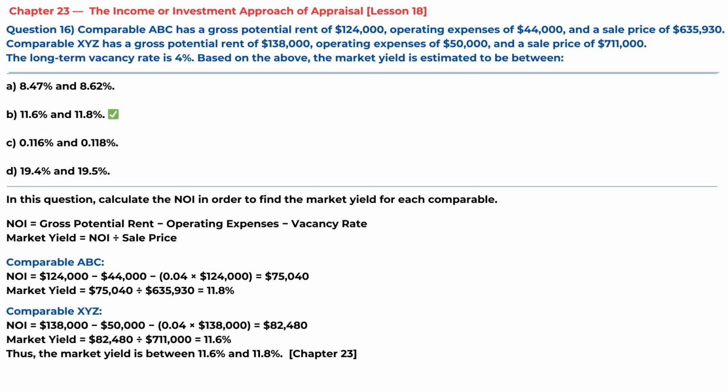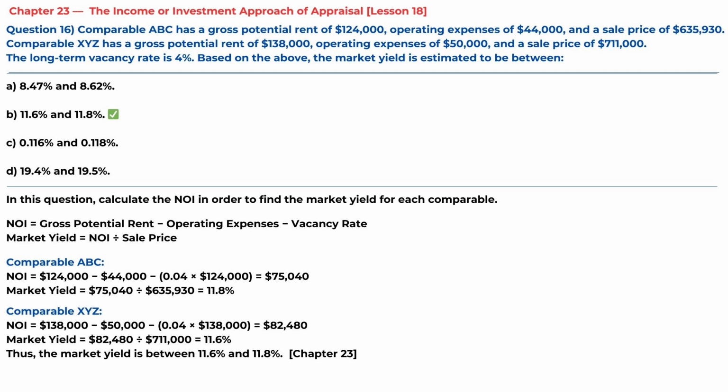Question 16. Comparable ABC has a gross potential rent of $124,000, operating expenses of $44,000, and a sale price of $635,930. Comparable XYZ has a gross potential rent of $138,000, operating expenses of $50,000, and a sale price of $711,000.